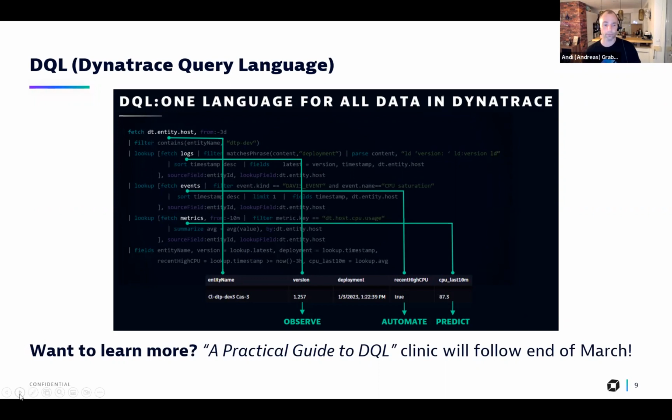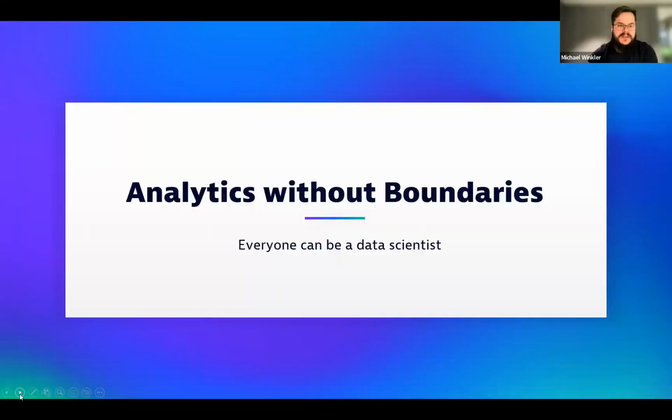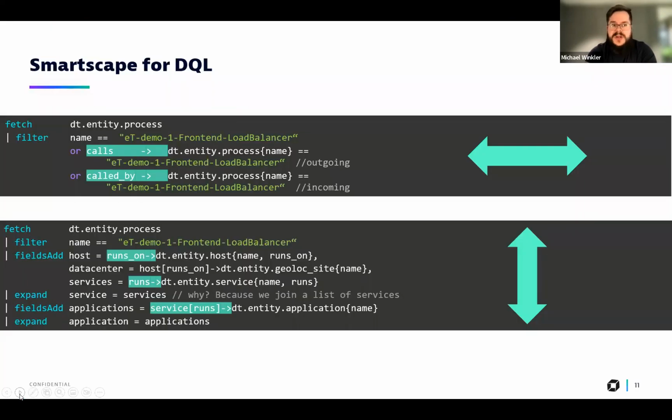All right, first topic: analytics without boundaries. The idea is really that we hand over what we have in our Dynatrace platform to everyone. Everyone can be a data scientist. And as Andy has already mentioned, we are going to start a preview in Q2 for Smartscape for DQL.